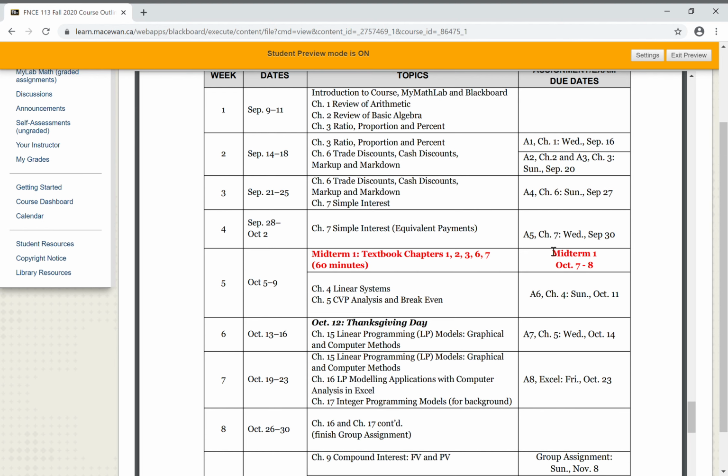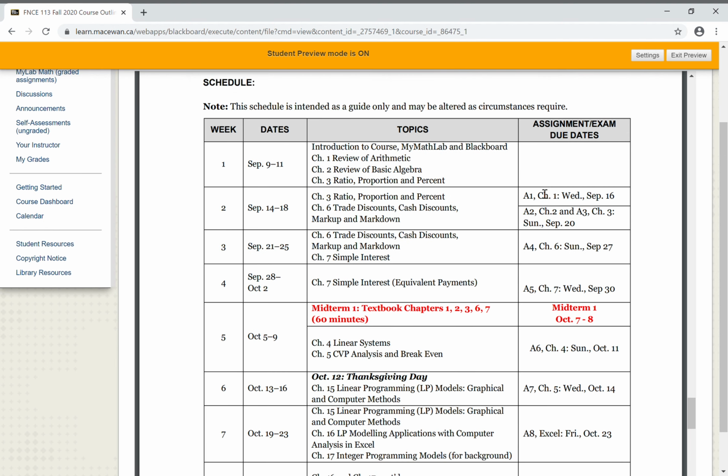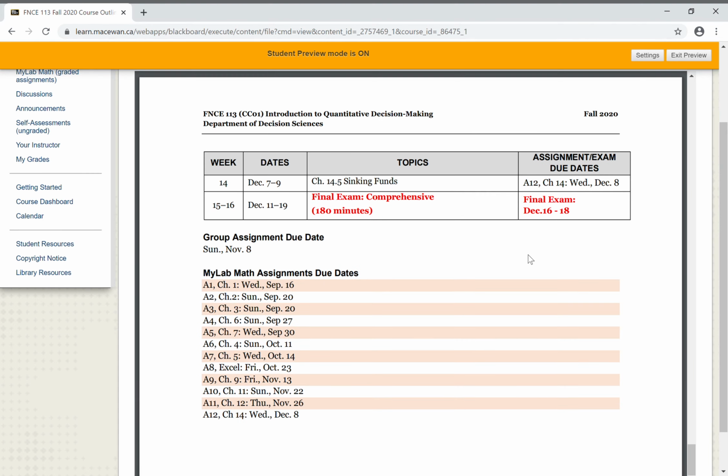Now, on the right hand side, you see the due dates. So A1, A2, A3, A4, these are all the MyLab Math assignments that together provide 23% of your grade. If you look at the end, I do have the due dates written again. So these are my MATLAB assignment due dates. There are 12 of them.